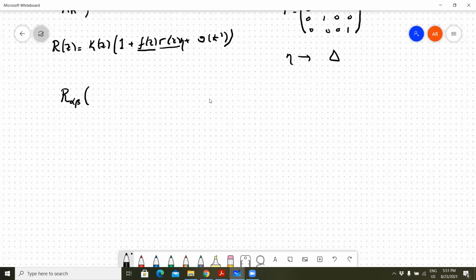I changed these indices now from 1, 2 to alpha, beta because it will play an important role when I define Lax, and I need two notations.